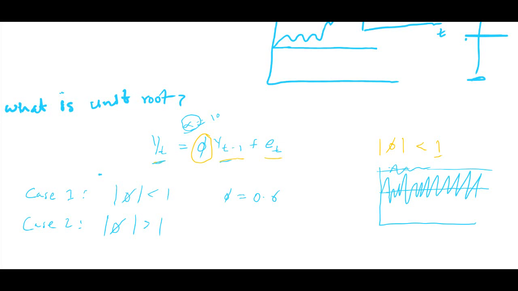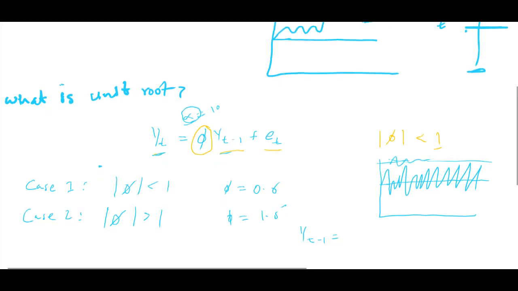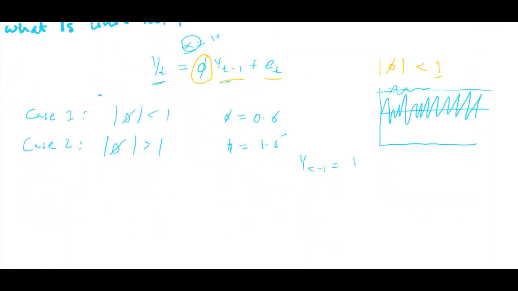For example, if we have theta equal to 1.5, and if yt minus 1 is equal to 1, then yt will equal 1.5, and then yt plus 1 will equal 1.5 multiplied by 1.5.